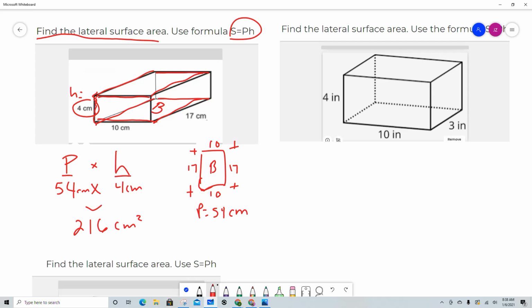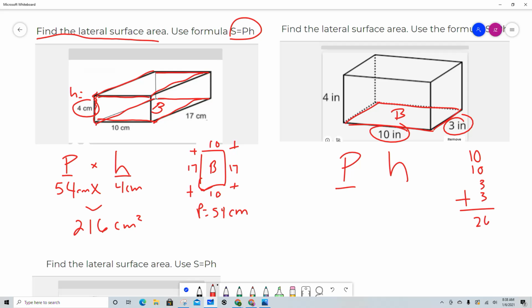All right, let's go ahead and do the second one. So if you want to pause it, you can pause it and then check to see if we get the same answer. Okay, so we're going to go ahead and find the perimeter of the base. That's the base. So that means that we need to add 10 and 3. Ten and 10 is 20. 3 and 3 is 6.